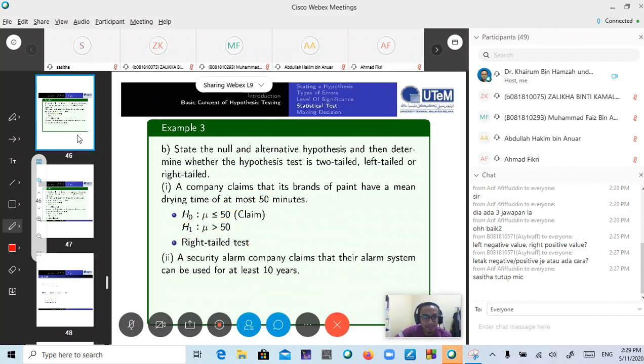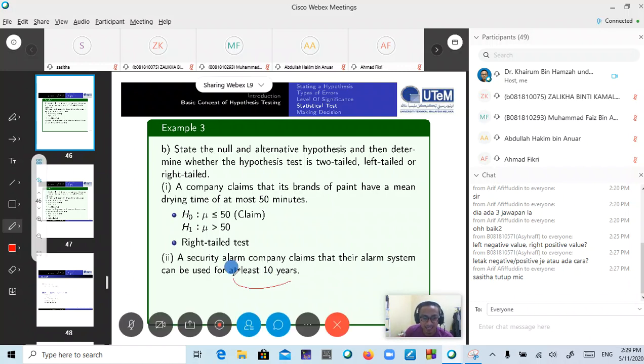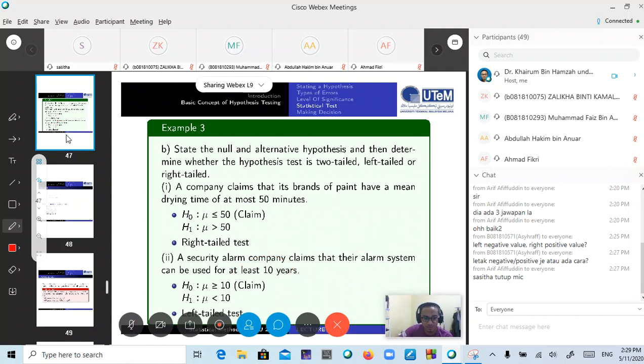Next. A security alarm company claims that their alarm system can be used for at least 10 years. So at least 10 years means that mu is greater than or equal to 10. Also the same thing, this one is put at H0.